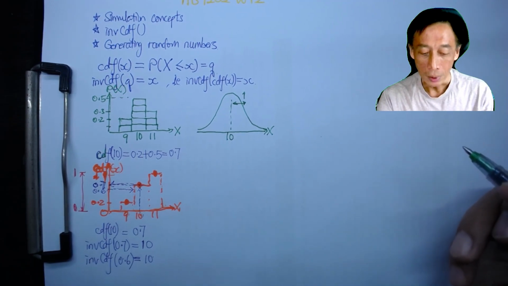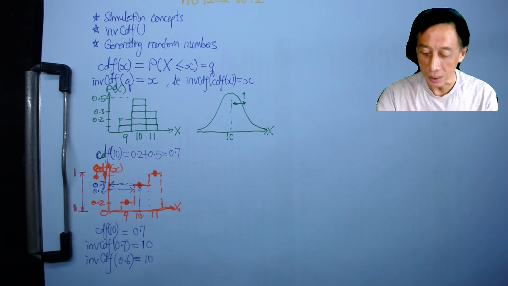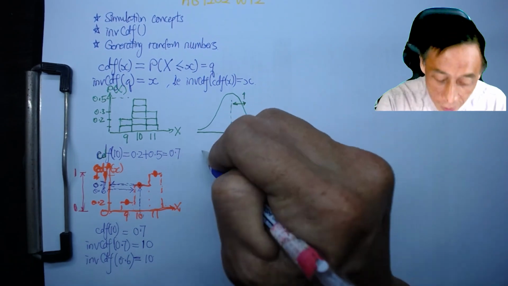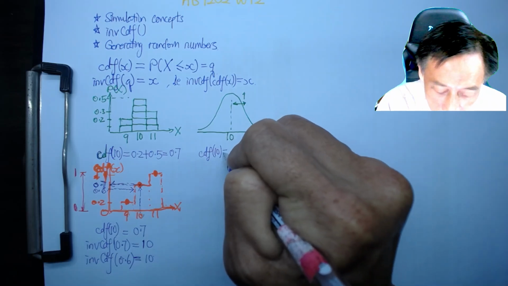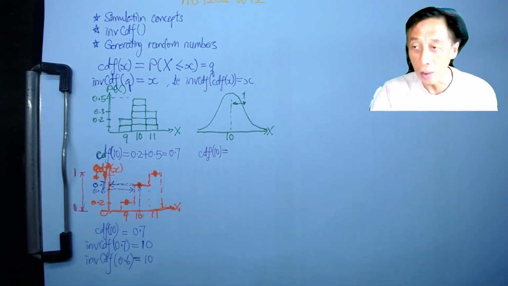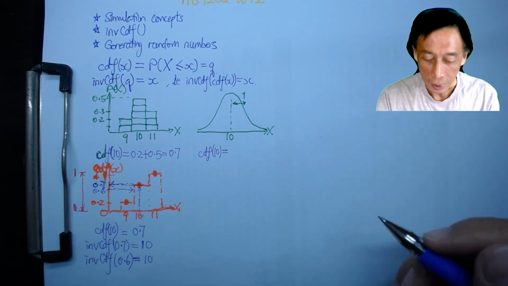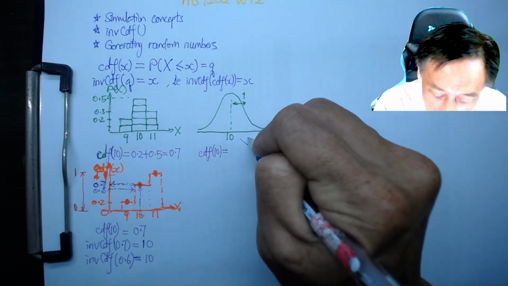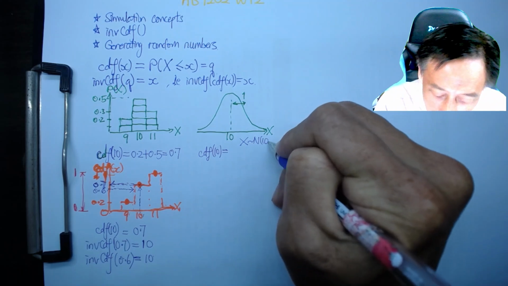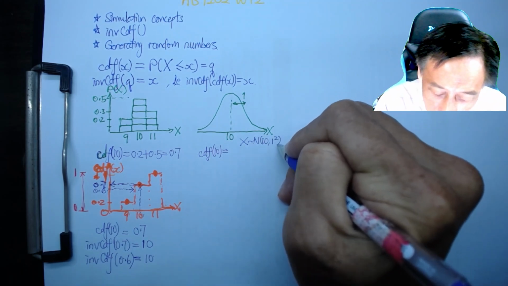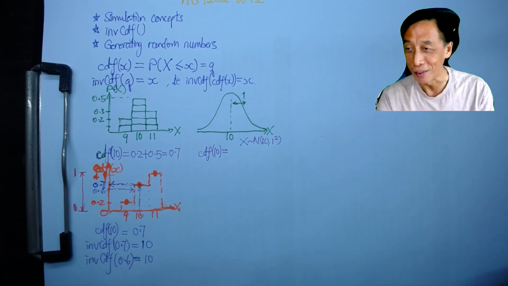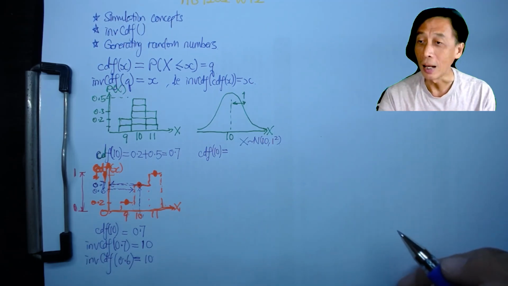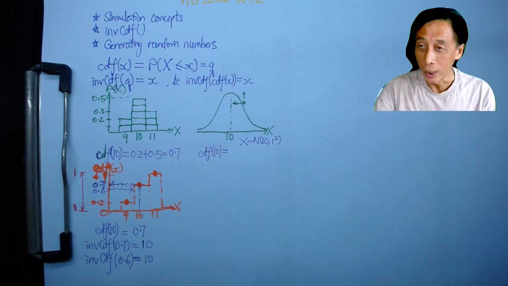So now calculate the CDF of 10. Now you can use Excel or you can use R. First of all, we say X is following normal with a mean of 10 and a standard deviation of 1. So you can use Excel, you can even use your TI-84 calculator, or you use R, and the answer is going to be how much?